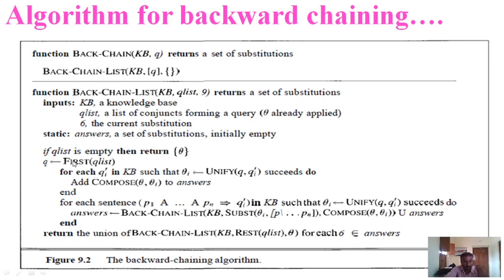If it is not, else Q is the first of the Q-list. So for each q-prime-i in the knowledge base, such that phi, if it is empty then theta, if a value is there then phi of theta implies unify q, q-prime-i succeeds, then add compose theta, theta-prime to answers.